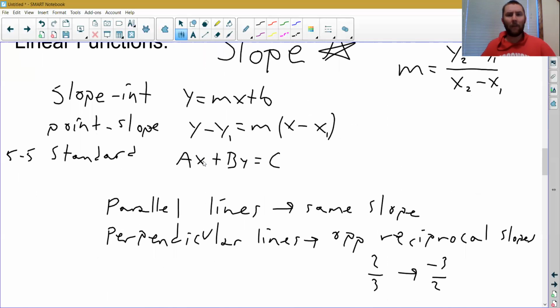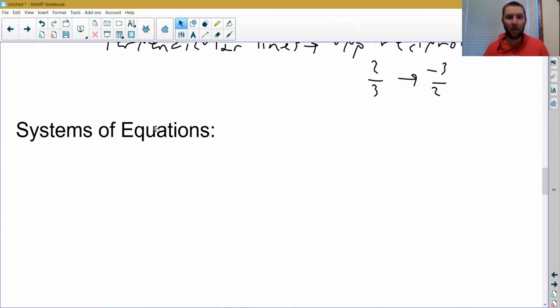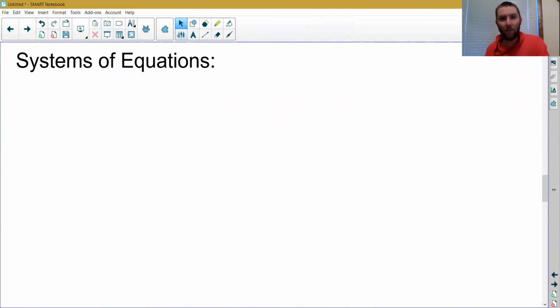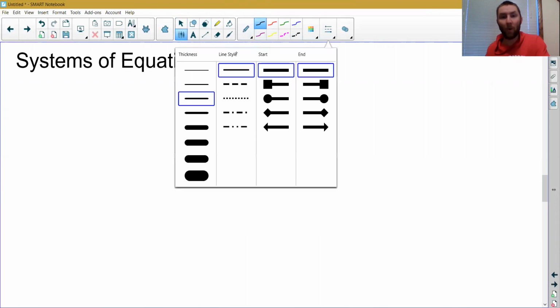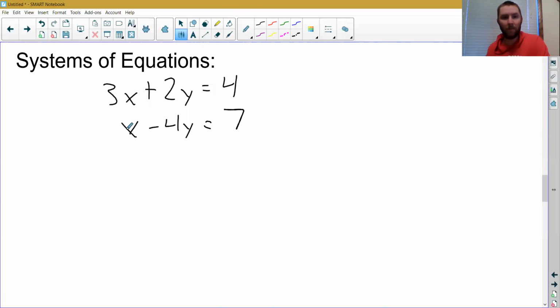Okay, so after we talked about linear functions in chapter 5, chapter 6 was all about systems of linear equations, specifically finding solutions to systems of equations. And systems of equations look something like 3x plus 2y is equal to 4, and then x minus 4y is equal to 7.